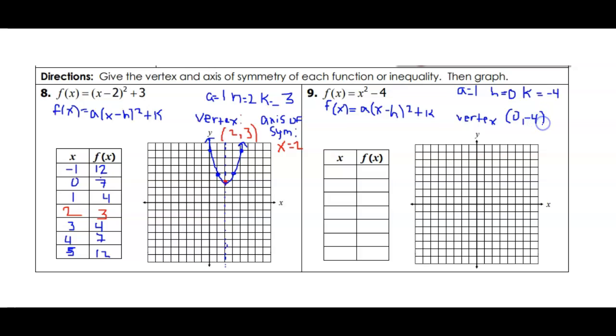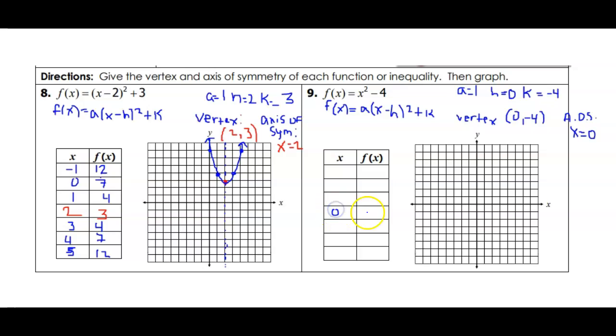My axis of symmetry, or AOS, is going to be x equals 0. That's x equals h, so it's x equals 0. I'll go ahead and plot my vertex point right in the middle.